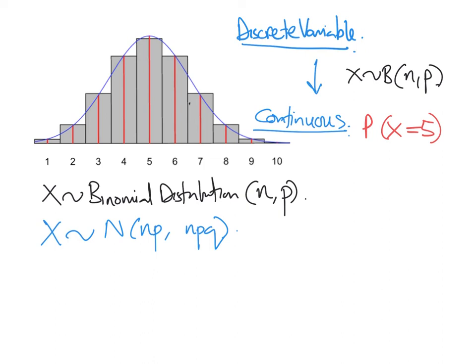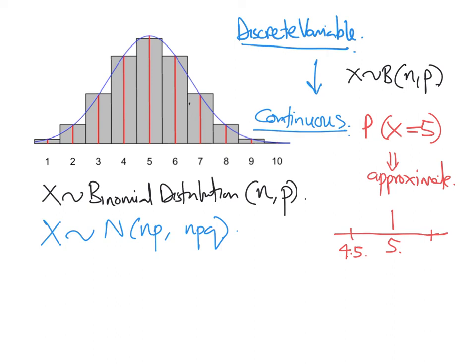Whereas in continuous terms, we can approximate this 5 between two different limits. How do I get 5? What is the lowest number that I can have in continuous terms which will give me 5? It's actually 4.5. That's the lower bound.